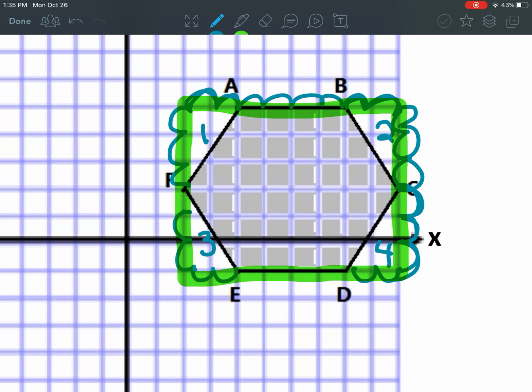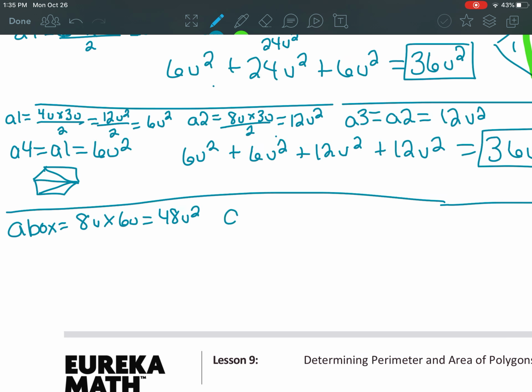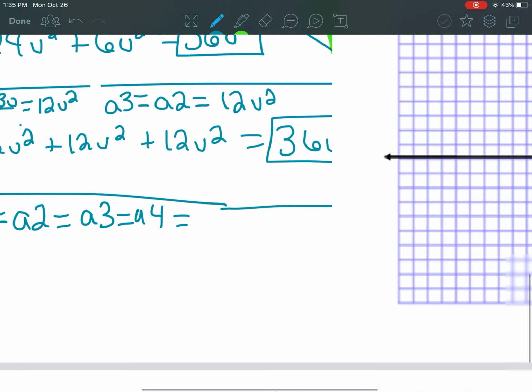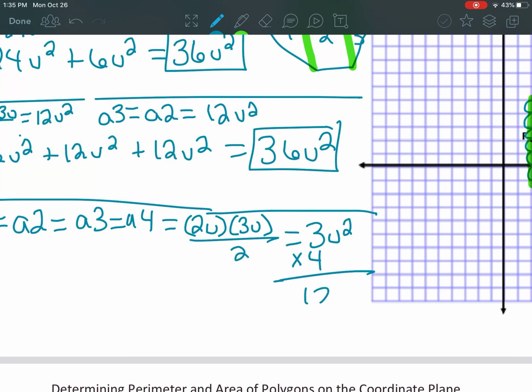So all of them, area 1 equals area 2 equals area 3 equals area 4. And all of those are 2 units times 3 units divided by 2, which would give us 3 units squared. And there are 4 of those, so we times it by 4, and that would give us 12 units squared.